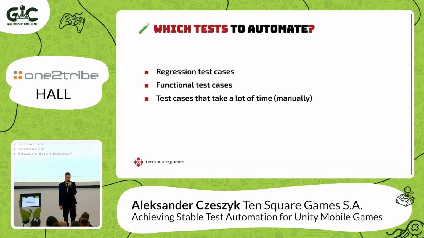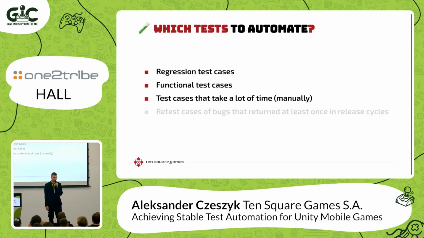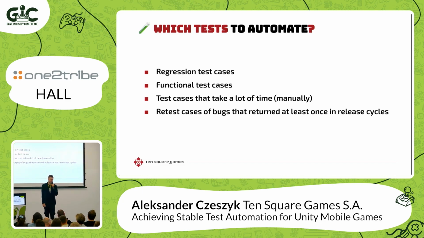When you start automating in your project, you will not be able to automate everything, so you should pick tests first that take the most time to do manually. And also, I see the value in writing automated tests for bugs that appeared during your release cycles and returned at least once.